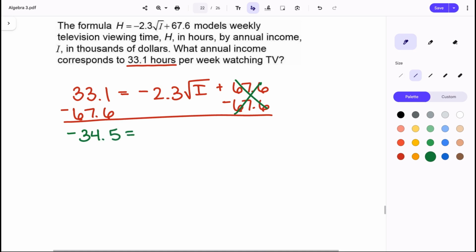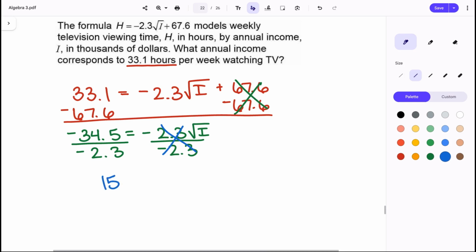Okay, and that still equals -2.3 square root of I. Then what should I do? Okay, -34.5 divided by -2.3 is 15.